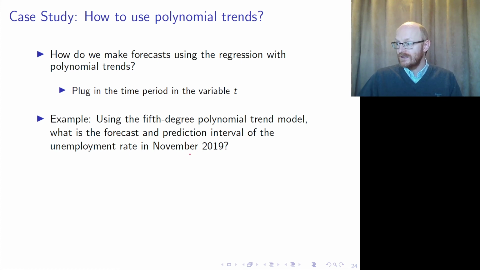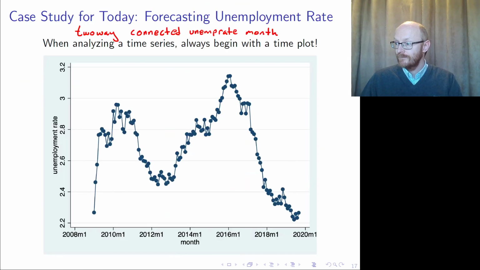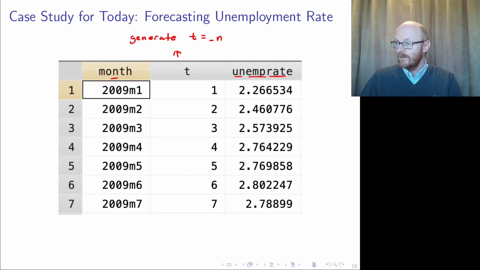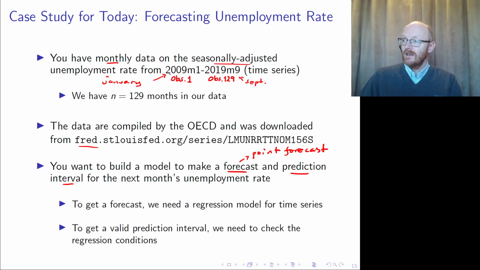So 2019 would be period number 131, because if you remember, we had some data from 2009 month 1, which is observation 1, until 2019 month 9.